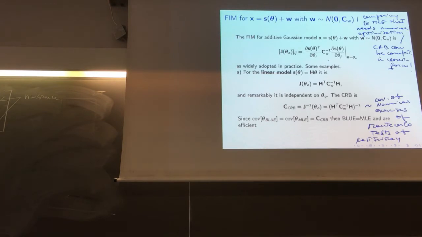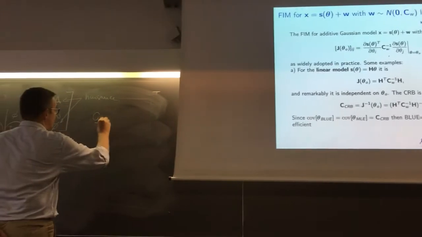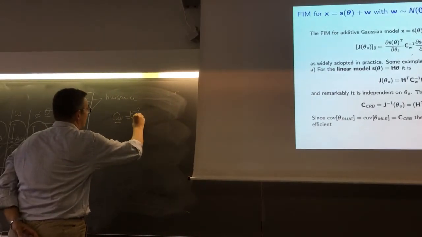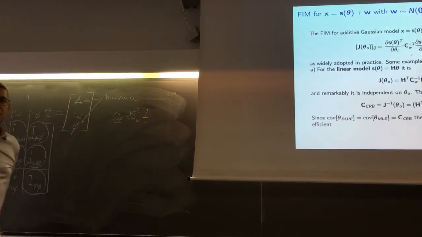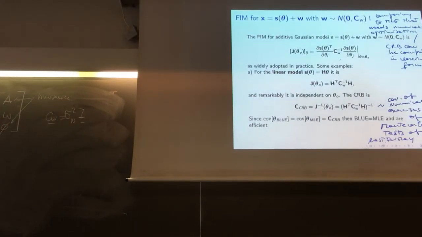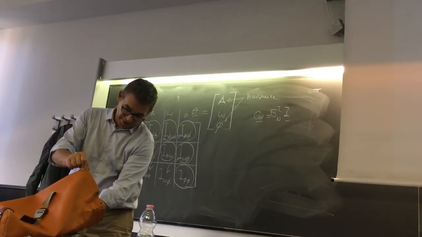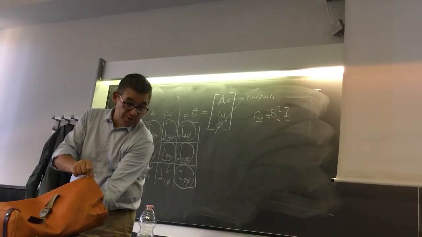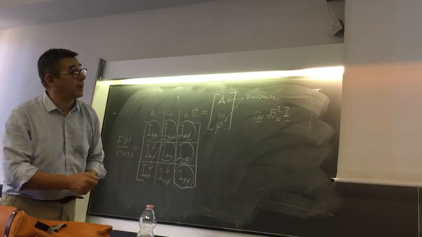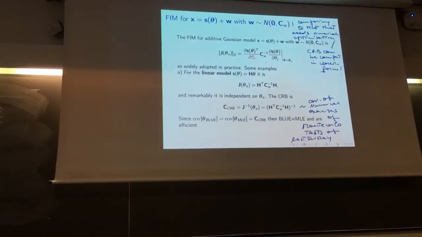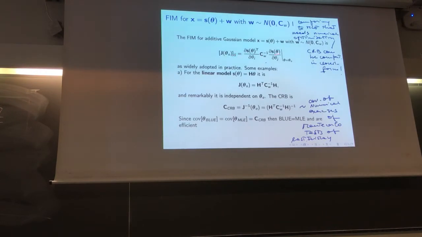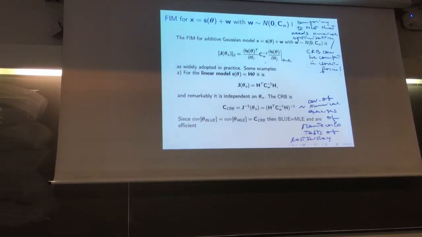Now, the problem says, what is C_w? C_w is sigma squared w multiplied by the identity. The noise is white. Perfect. So in that specific relationship, sigma w does not constitute a real issue. Now, I have the multiplication of different terms. So, with a little bit of care, I need to compute this term.